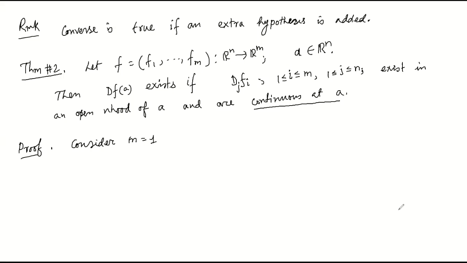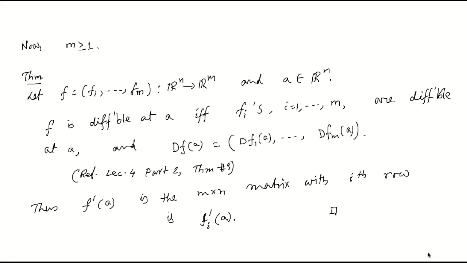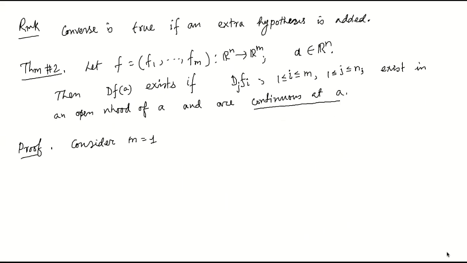For m greater than or equal to 1, the general case follows from this theorem. Okay, so here also we prove this theorem for the case when m equal to 1.